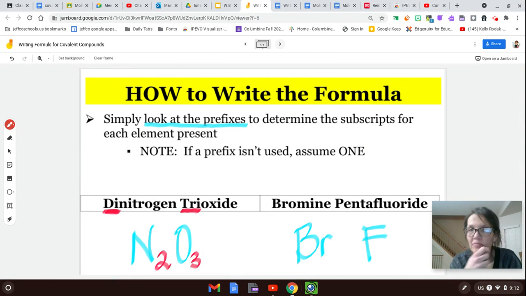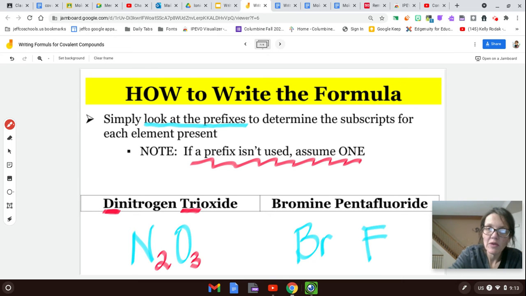All right, let's try it for bromine pentafluoride. Again, remember we already identified the bromine and the fluorine that are present. Notice that it just says bromine and there's no prefix. If a prefix isn't used, you're going to assume that there's just one, okay? So we can write down a 1, or remember that you don't need to write the 1. You can just leave it blank. Either way, it's perfectly fine.